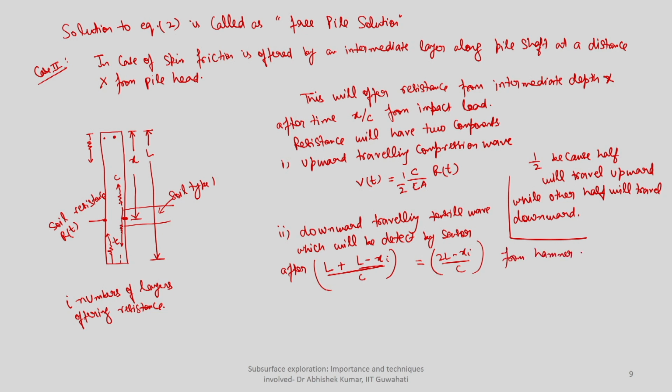This is the duration after which the wave that was traveling downward will be detected by this sensor. The first one will be T minus Xi by C delay from hammer impact. This is the time delay with respect to the hammer impact, for the one traveling upward, and the second one which travels downward and after reflection goes upward. The first one causes compression and the second one after reflection also causes compression.